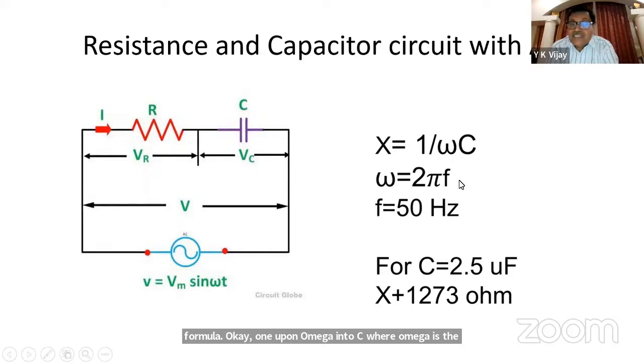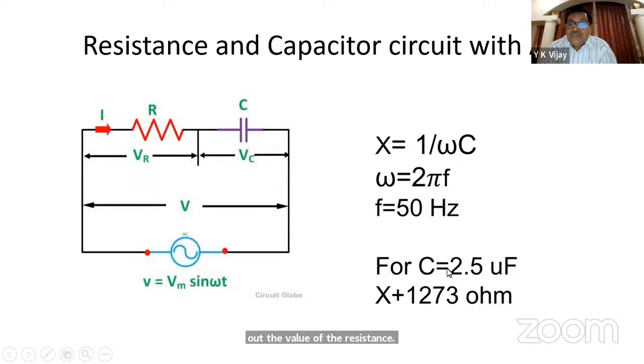For 50 hertz, omega comes out to be 314, and the reactance of 2.5 microfarad comes out to be about 1.2K or 1200 ohm. If we connect a 40 watt bulb, as I showed you, the dynamic resistance is about 1200 ohm.